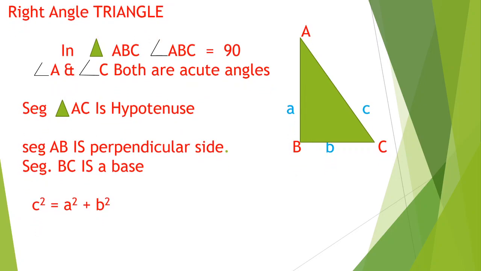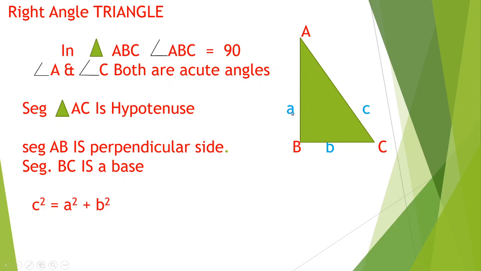The triangle in which one angle is 90 degrees. Means if any triangle has a 90-degree angle, then this triangle is called a right angle triangle. You can see the figure of right angle triangle ABC.